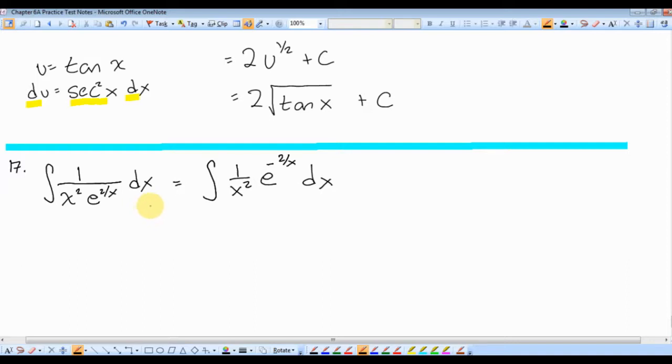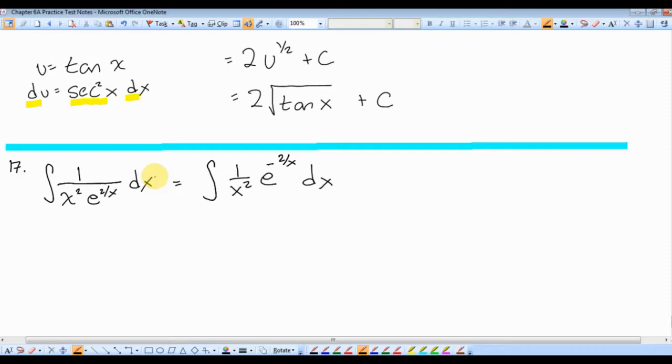So, question. Is it possible for me to simplify this? No. Can I use a U substitution? What's the derivative of 2 over x? Quotient rule.